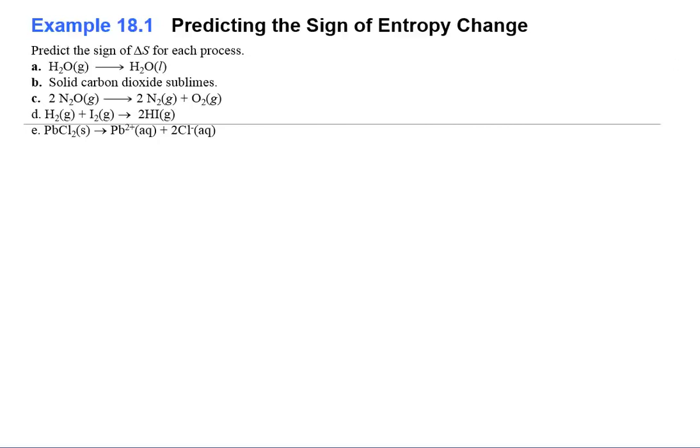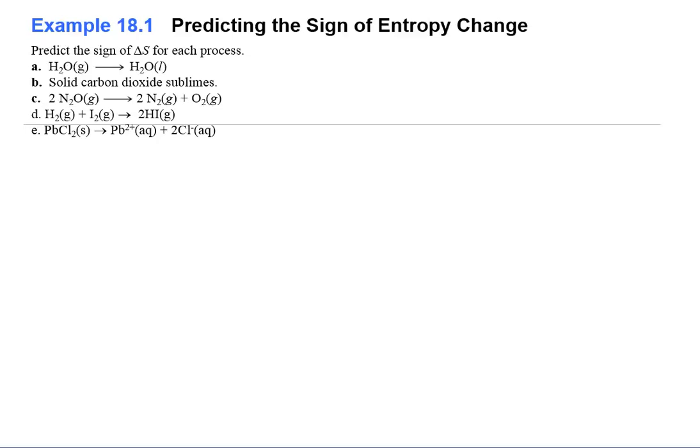All right, so in this video, we are going to solve a number of problems based on entropy and the free energy. The first problems will be predicting the sign of entropy change if you are given a chemical reaction.